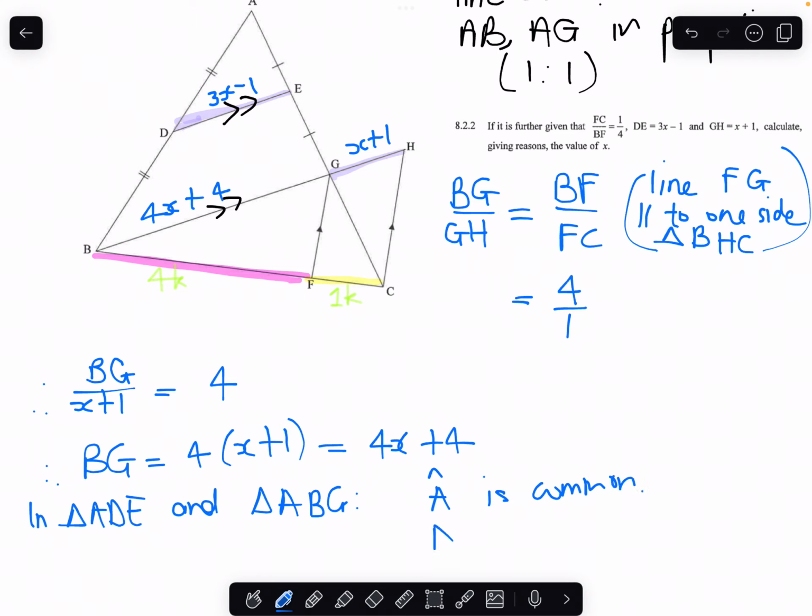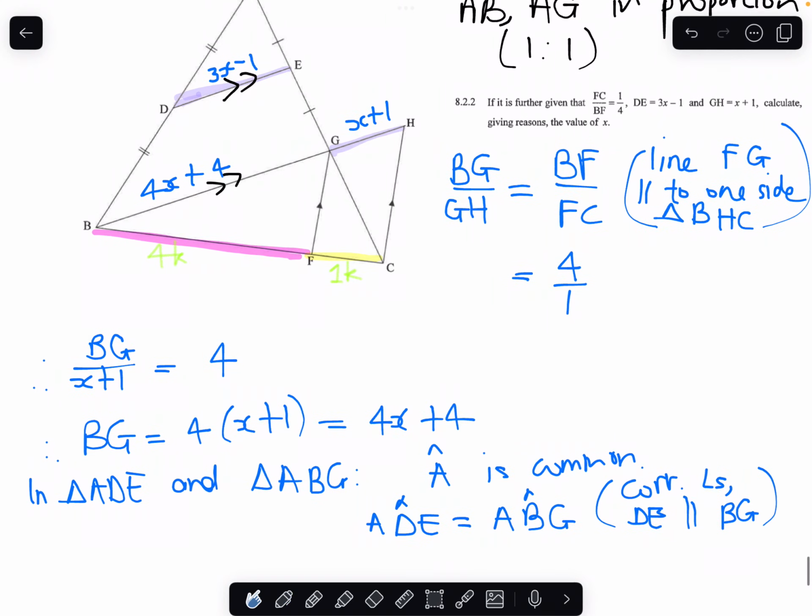The angle D is equal to the angle B, because I'm being lazy, I should name these more diligently, but less ambiguously. So we have angle ADE equal to angle ABG, because corresponding angles, DE parallel to BG.